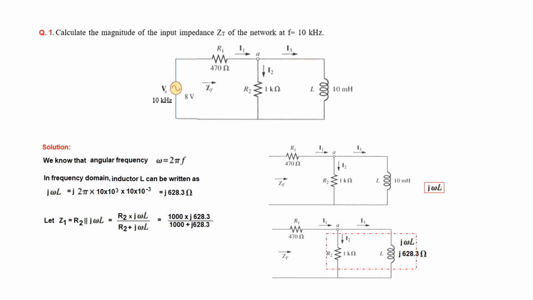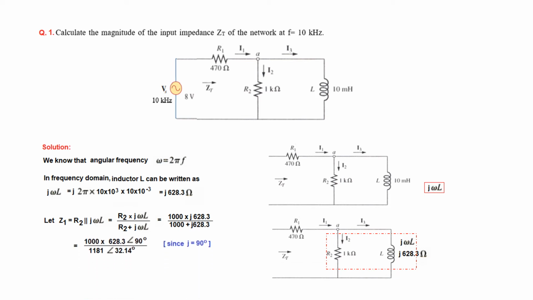So this is R2 parallel j omega L, and parallel solving, multiply at the top and plus at the bottom, plugging in the values. And now if you have a smart calculator, you can solve it directly. Else we have to convert this bottom portion, which is in rectangular form, into polar form, because the top is in polar form, or top can be multiplied easily, but this has to be in polar form.